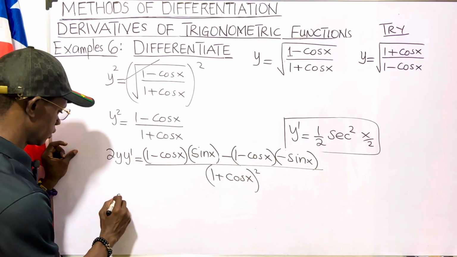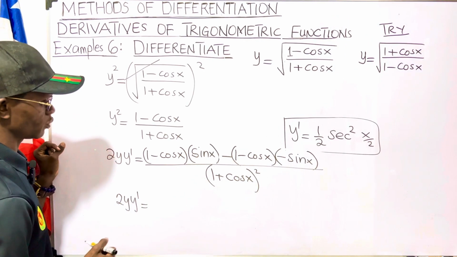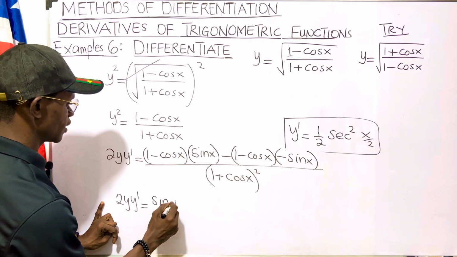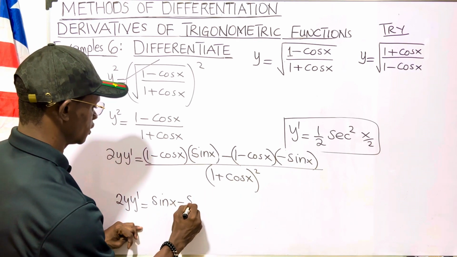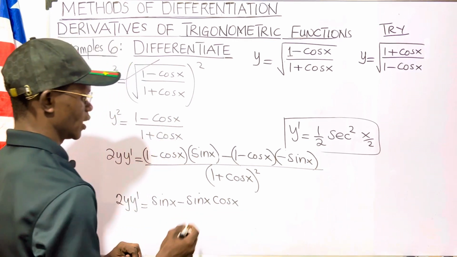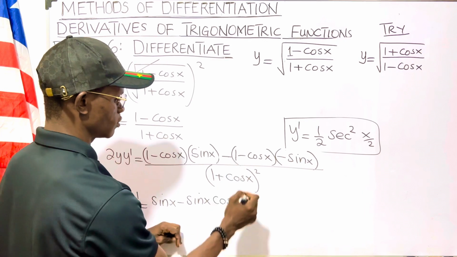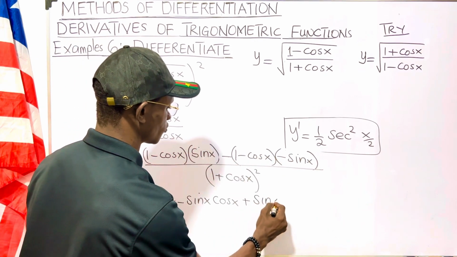So now we can simplify and solve for y prime as well. So sine of x times 1 is sine of x, and then sine of x times cos of x is sine of x cos of x. Then this one, negative sine of x times negative 1, because this negative times this one, gives us positive sine of x.